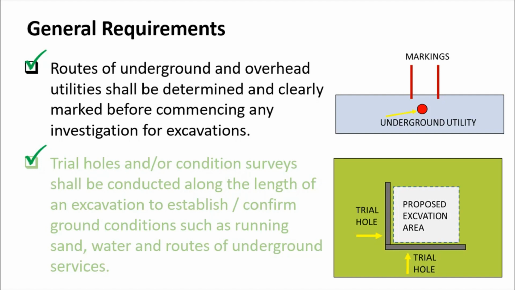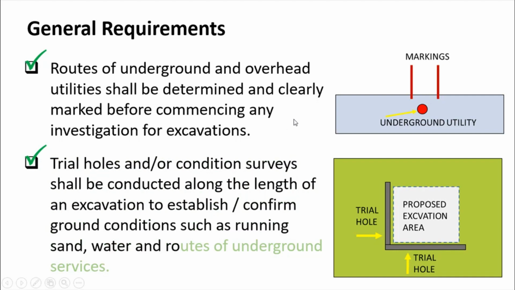Before that, we need to conduct investigations. You can see in the sketch there are underground utilities here, so you need to put markings on the surface above where the underground utility is buried.